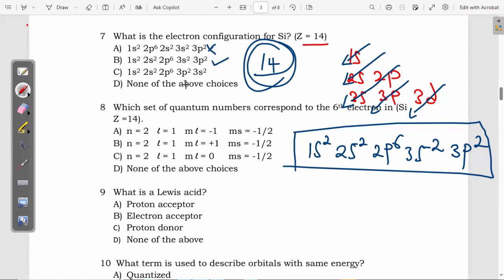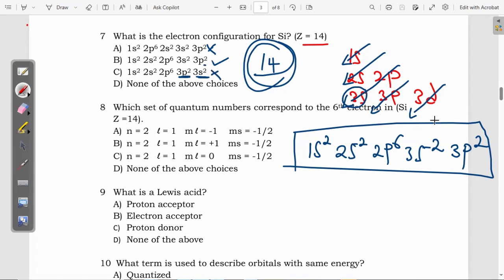This one is okay. And then what about this one? 1s2, 2s2, 2p6, 3p2, so this one here is wrong because they have started with the 3p before the 3s. According to this diagram, we first meet 3s and then 3p. So even this one is wrong.